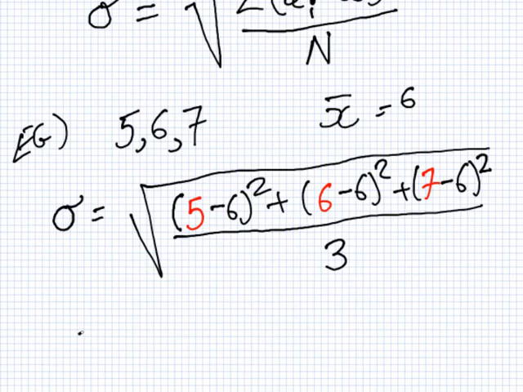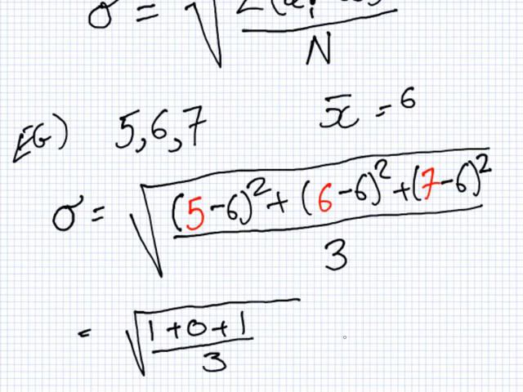Alright, so that would be the square root of 1 plus 0 plus 1 over 3. So that would be the square root of 2 over 3, which is 0.79 or something. Can you check? 0.82. I was close.